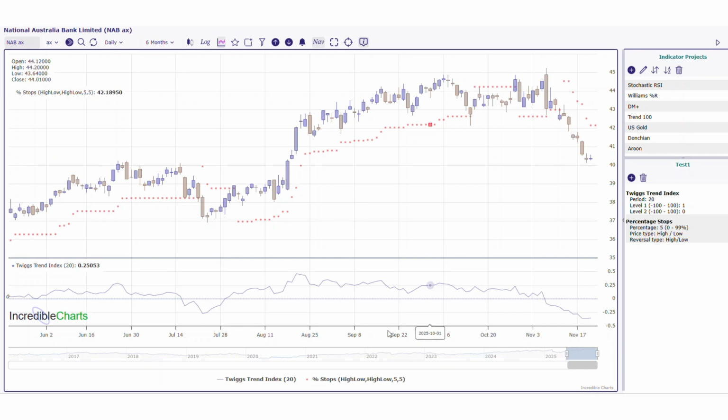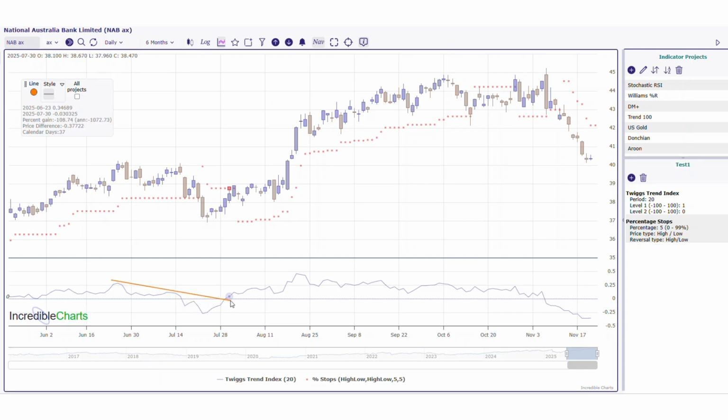Okay. Now, as always, I've got my faithful trend index at the bottom, which I use to determine when to trade with the trend and when to stand back if you get a buy signal. If the trend index is trending lower and you get a buy signal, it's normally best to avoid.